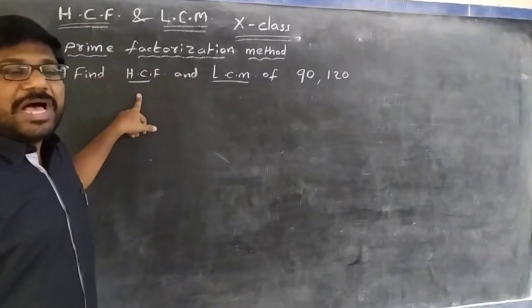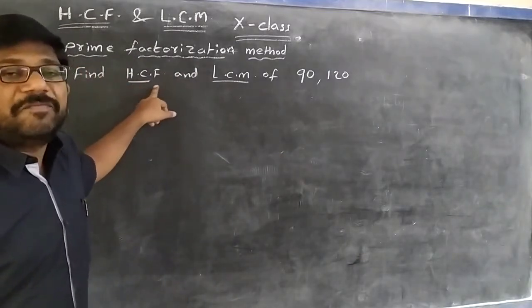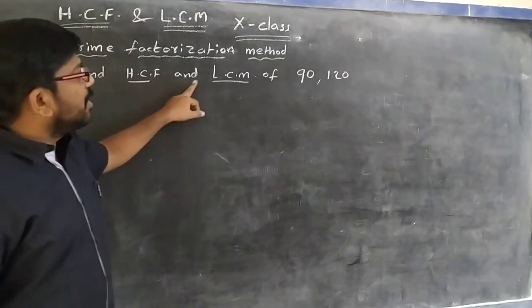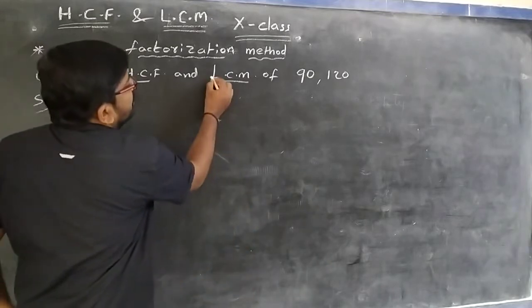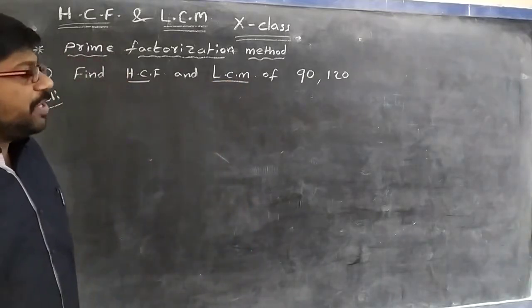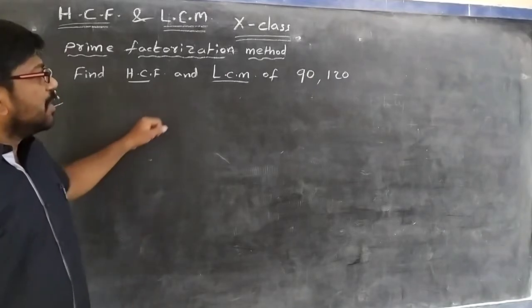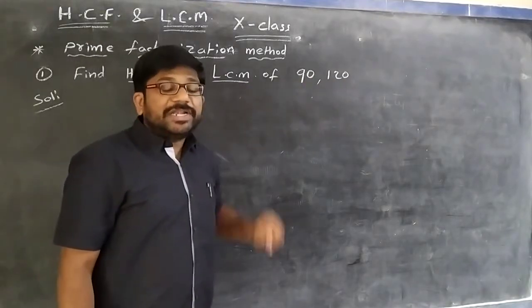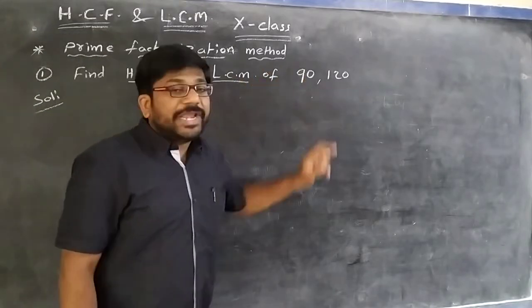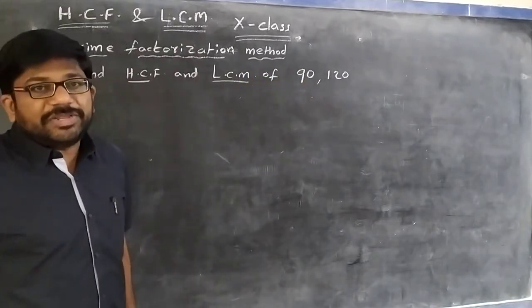HCF means highest common factor, and LCM means least common multiple. So we have to find the highest common factor of 90 and 120 and the least common multiple of 90 and 120.